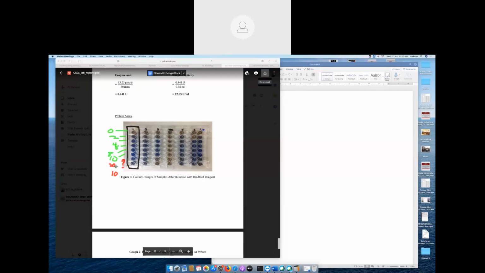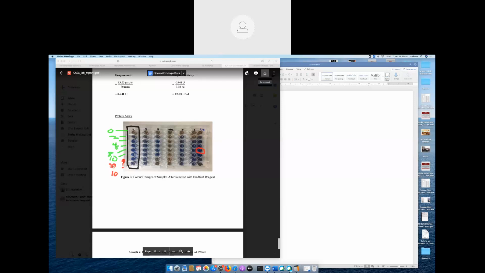But you don't know. If you use 20 microgram in here, and then it turns out the absorbance is darker than the 10, if the absorbance is more than whatever is available in the standard, you cannot put 20. Meaning that it is excess of the protein.